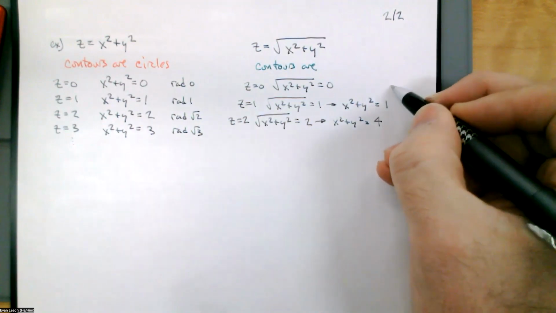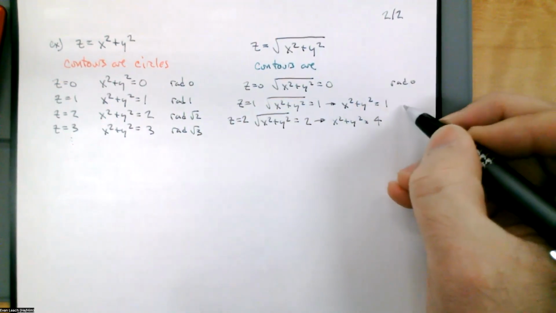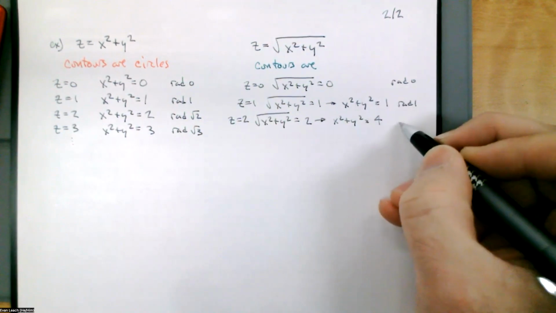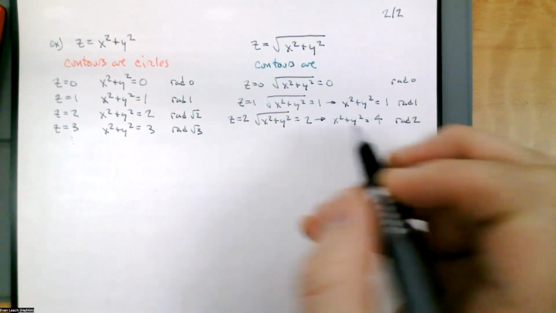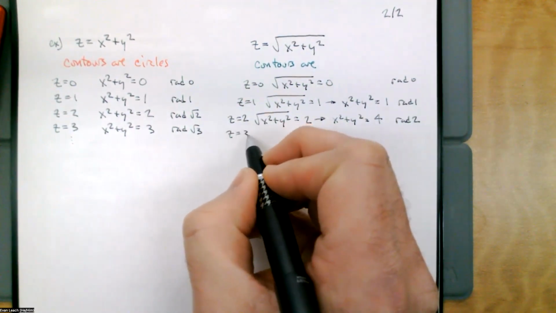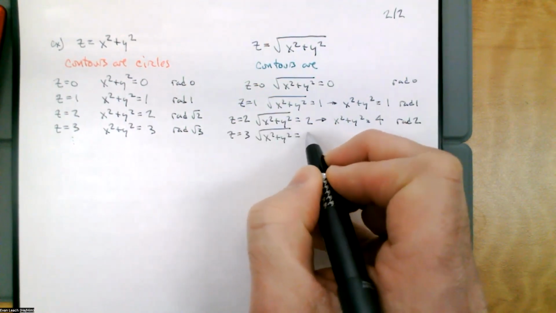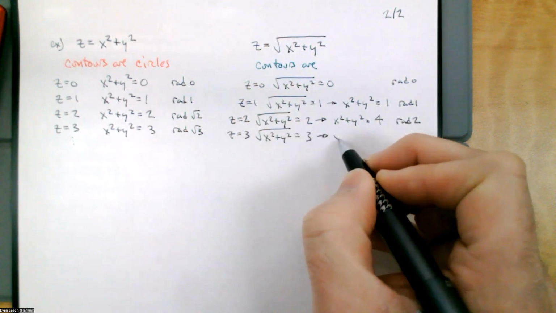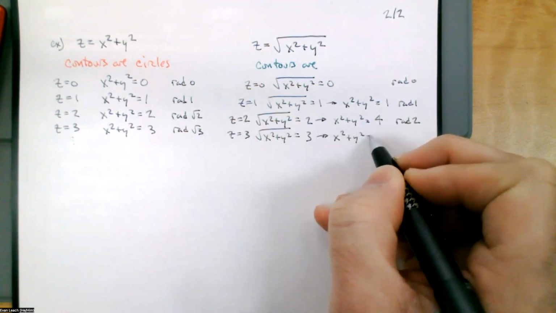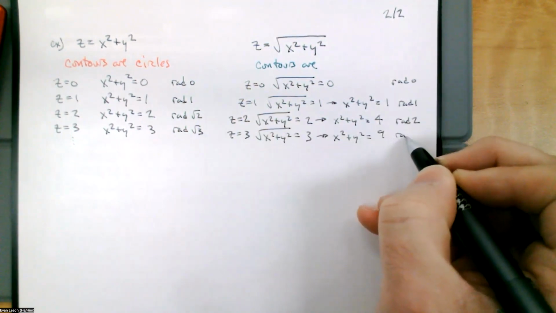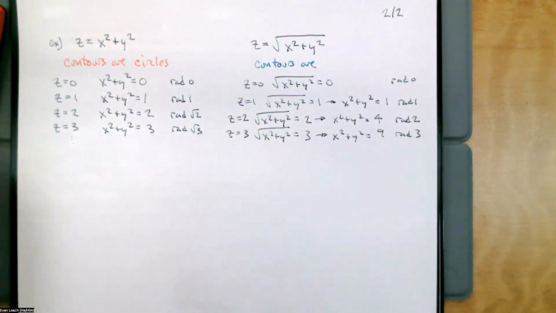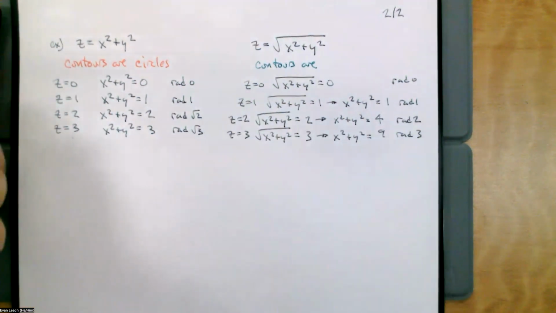So over here, we get a radius of 0, then a radius of 1, then a radius of 2, and if Z is equal to 3, our contours are x squared plus y squared is equal to 9. So we get a radius of 3. But the contours themselves are still just circles.